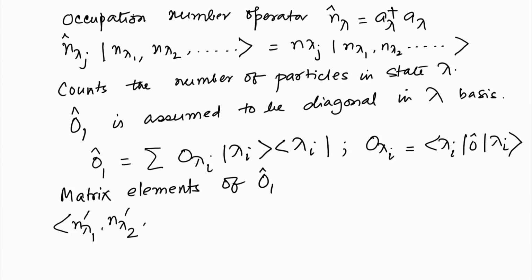These are just the states, and then I have n lambda 1, n lambda 2.